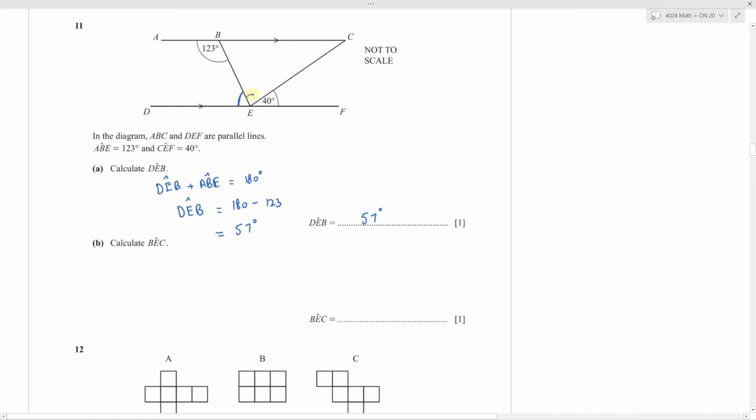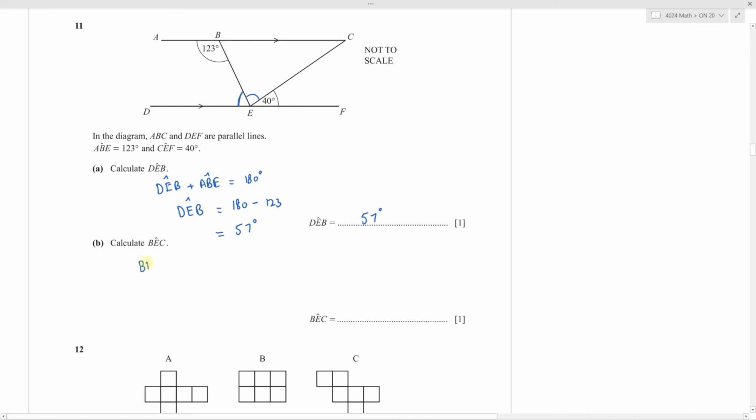BEC is this angle here, and since DEF is a straight line, all these angles, DEB, then BEC, this one, and this angle, they all three should sum up to 180 degrees since this is a straight line.